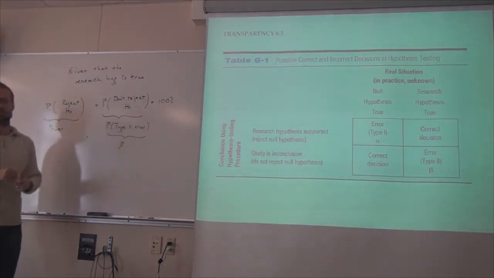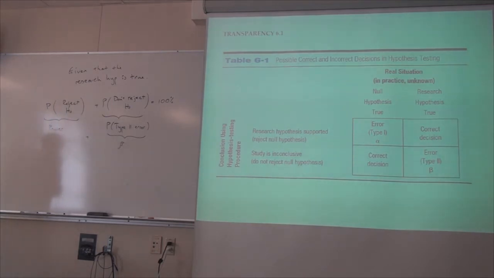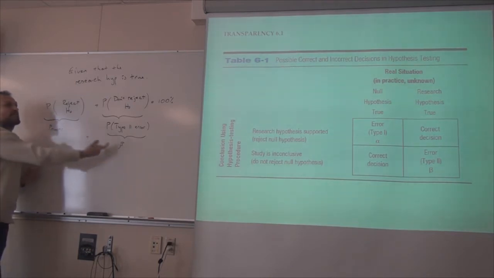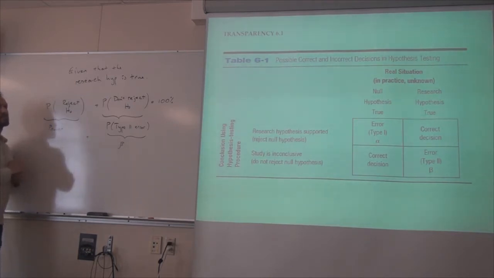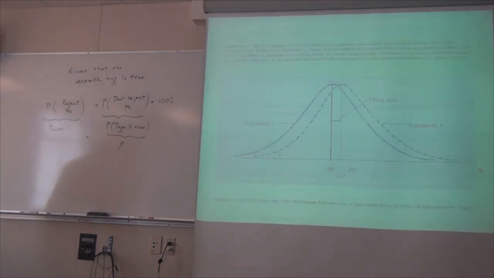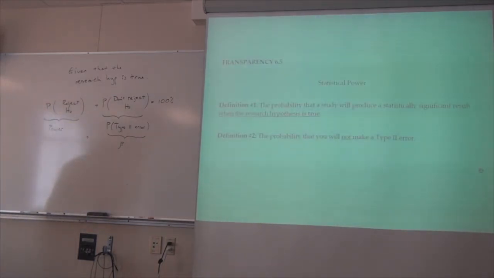If I look at the power and find a number here, that will give me the probability of a type 2 error, that I should have rejected the null hypothesis, but I didn't. So these two are linked to each other in a simple way.